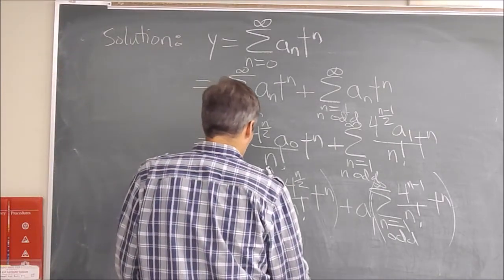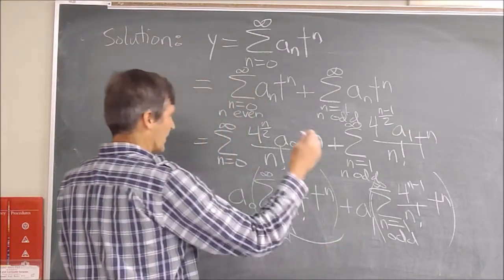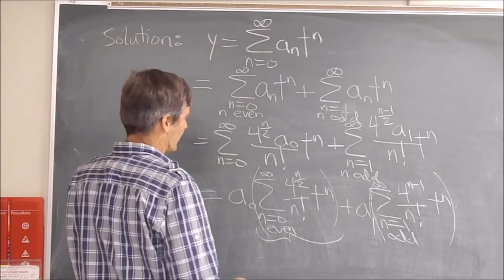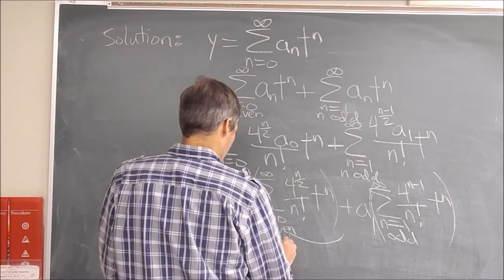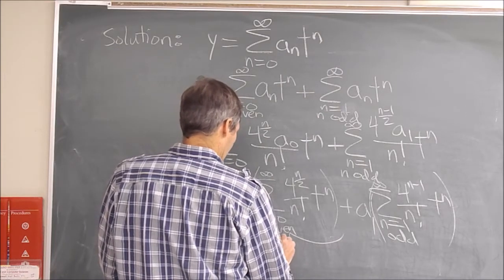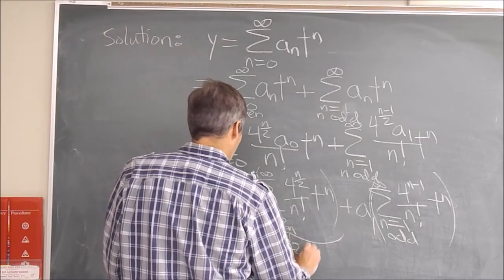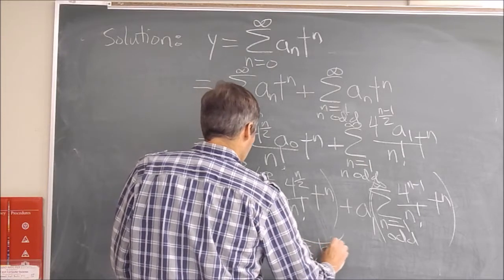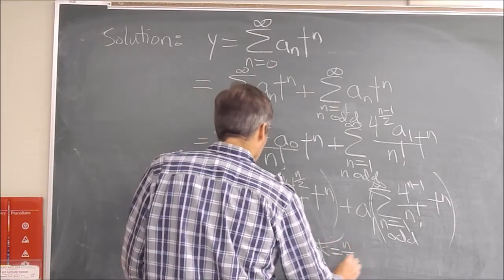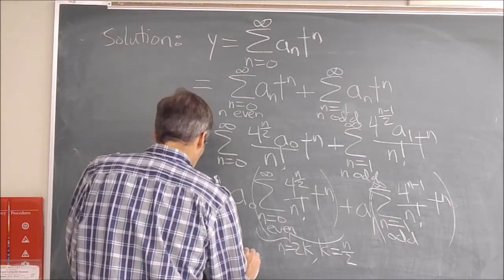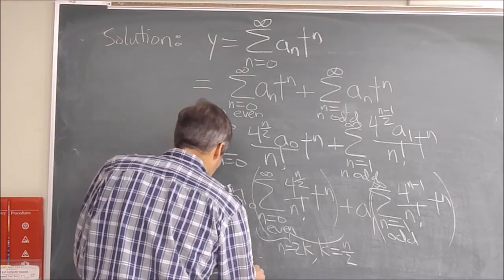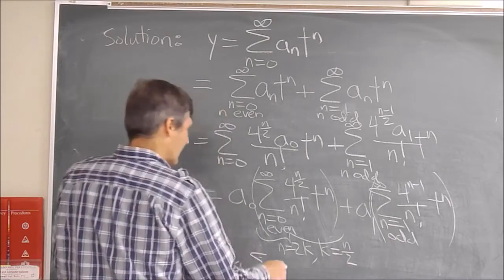Let's put this back with another substitution. We can use any dummy letter we want. We can use k again with even a different substitution. Let's let n equal 2k, so that k equals n over 2 in this one. Then we can rewrite this series a little nicer. This is a0 times sum.